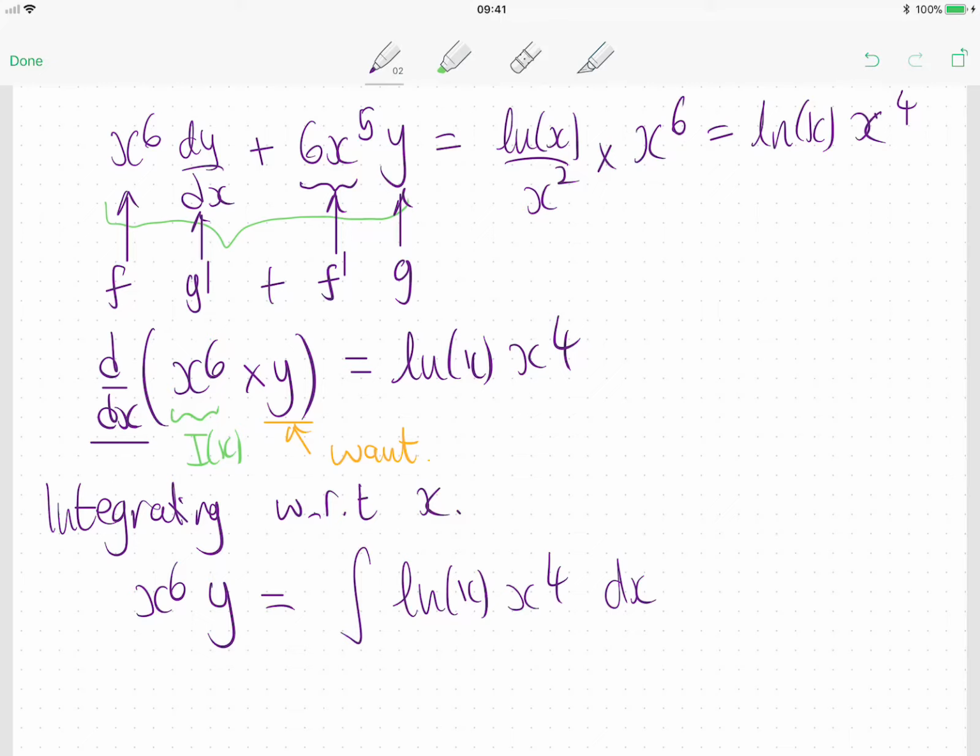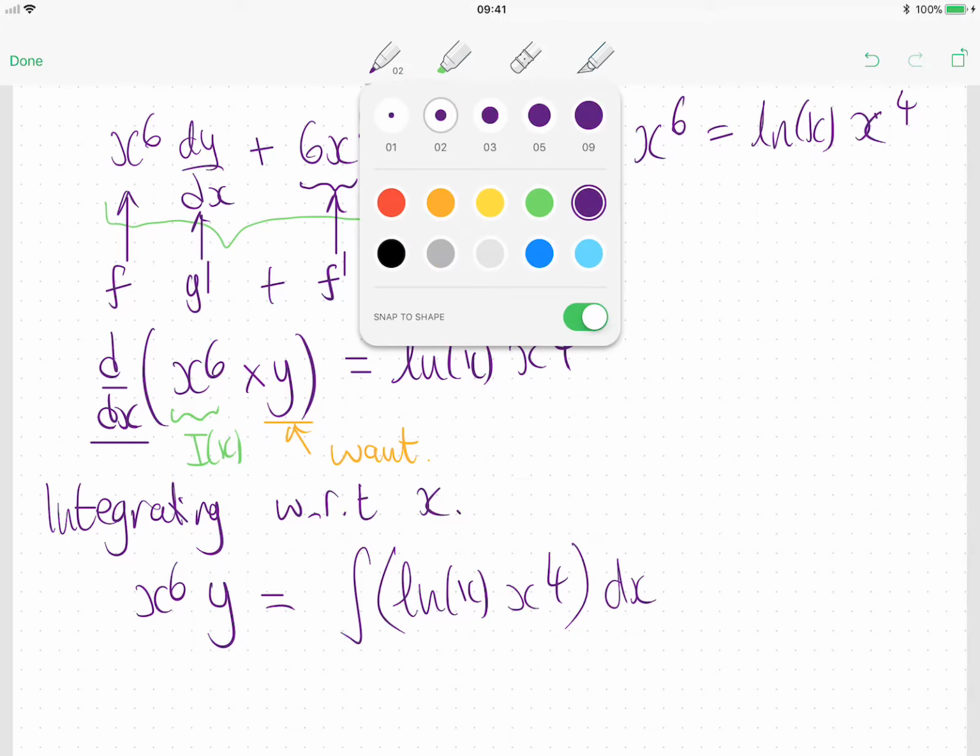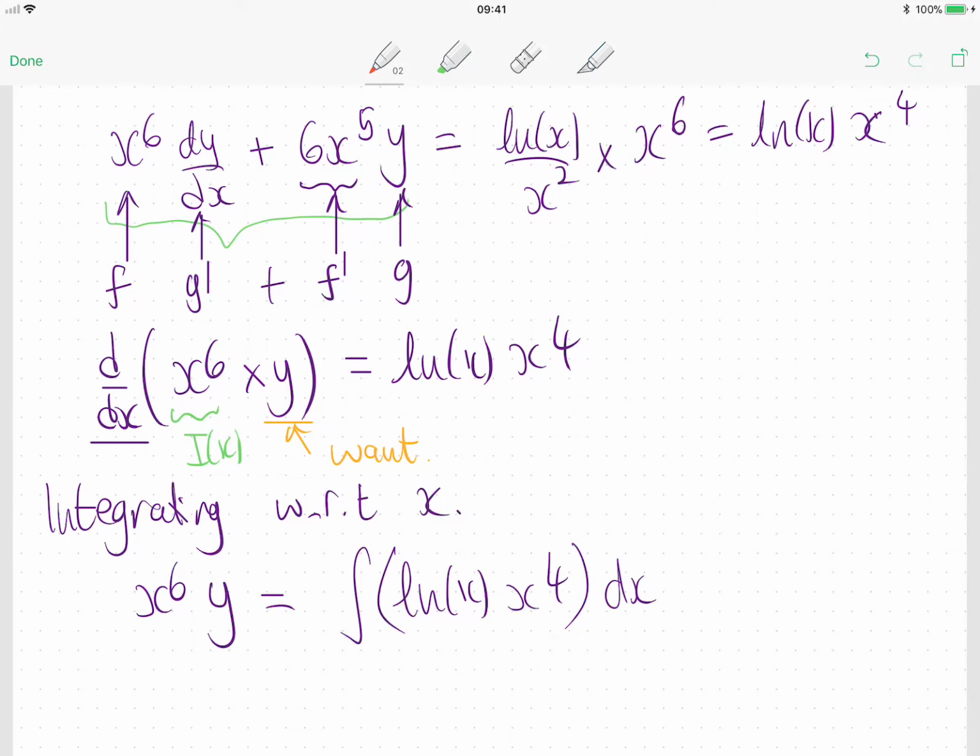Okay, so now I'm left with this integral. It doesn't look too simple. We need to think of some ideas here. What techniques do we have for integration? We have substitution. Nothing jumps out here. We have parts. This is for a product. Well, this works quite well because we have a product here, something times something.